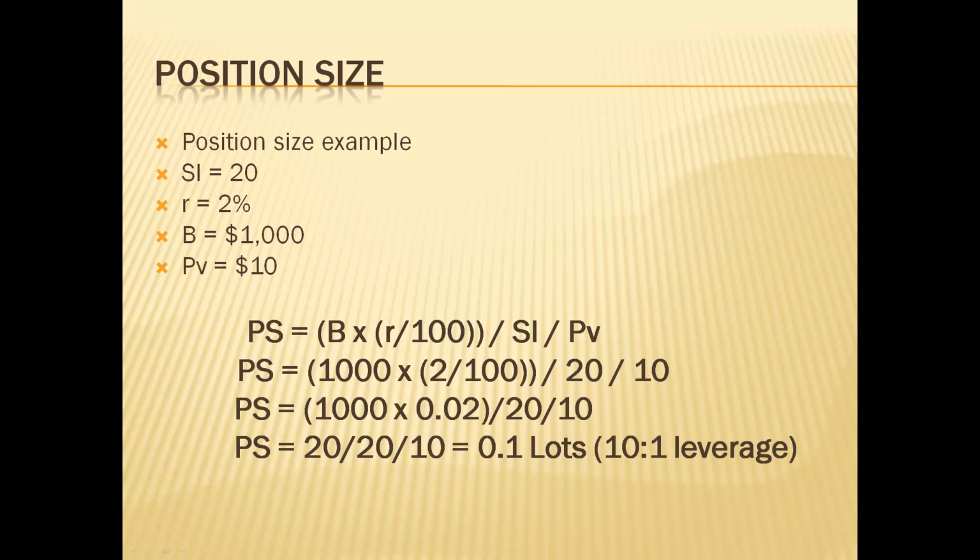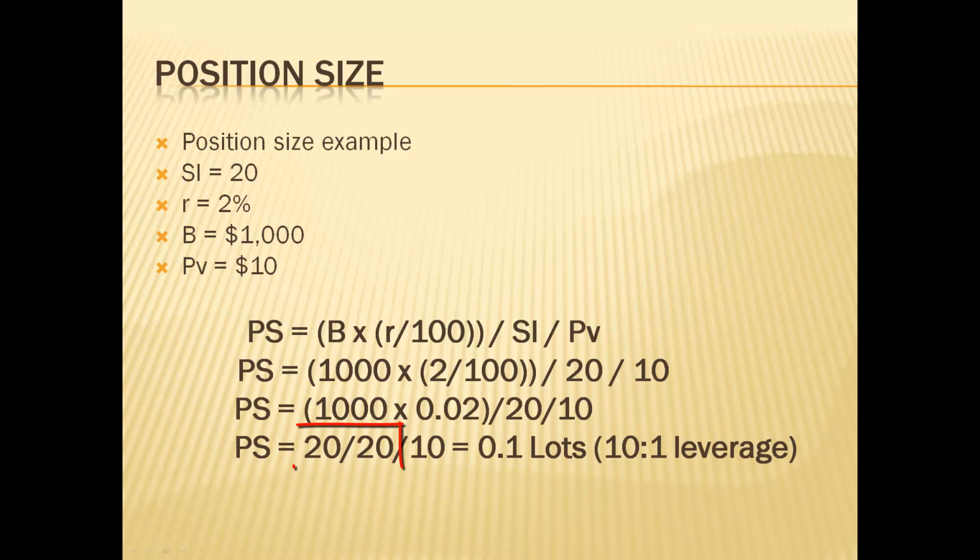In this example, my account size is $1,000. My risk is 2% of my account. My stop loss is 20 pips. And the standard pip value on the account is $10. First, I translate the 2% risk by multiplying my account balance by the risk fraction, where 2% is 0.02. This gives $20 as my max dollars risk.